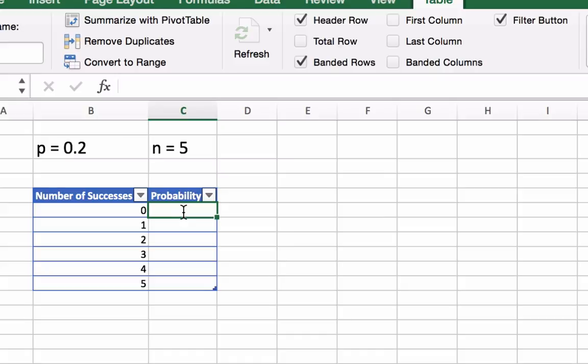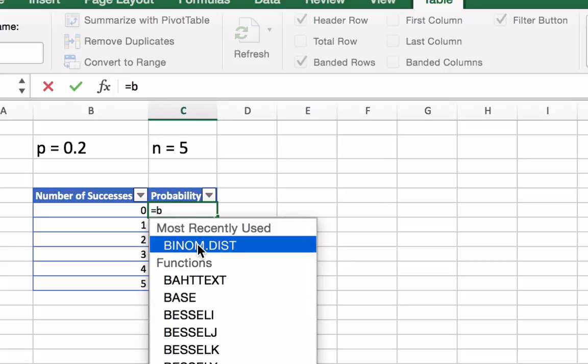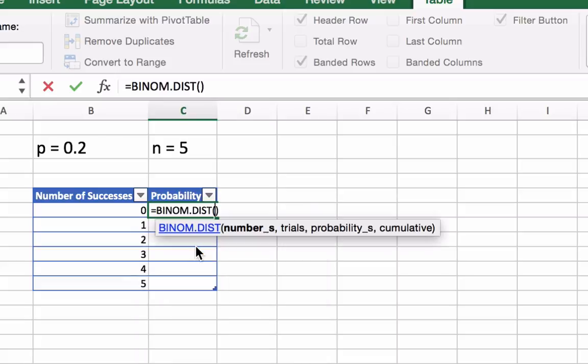So I'm going to type in here a formula, equals, and there's an Excel formula called binom.dist, and that's for the binomial distribution. And you'll notice the first thing we have to put in is number_s, the number of successes. And so I'm just going to click on the cell with 0 successes in it.